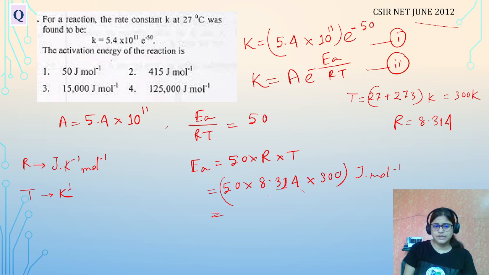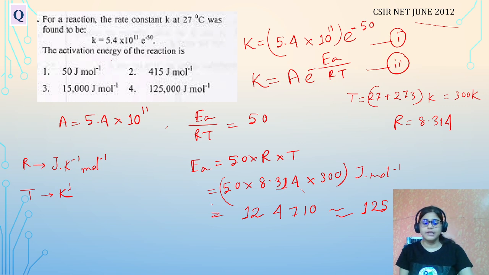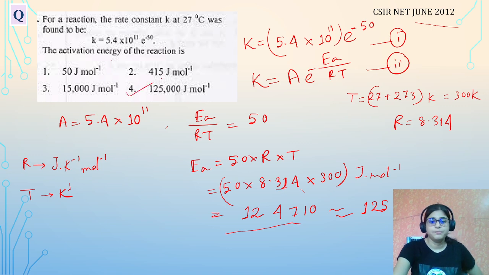These are simple things, right? So it was 2124710. So it is approximately 125000, because no other option has a value nearer to this value. Okay. So the answer will be 4.